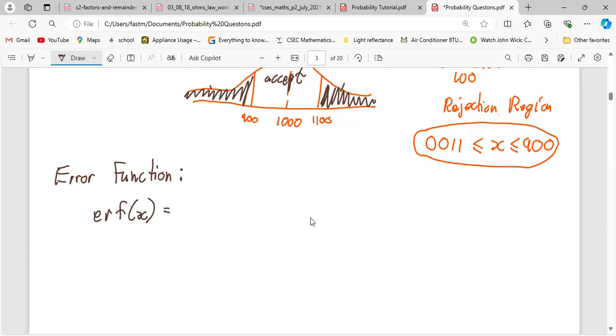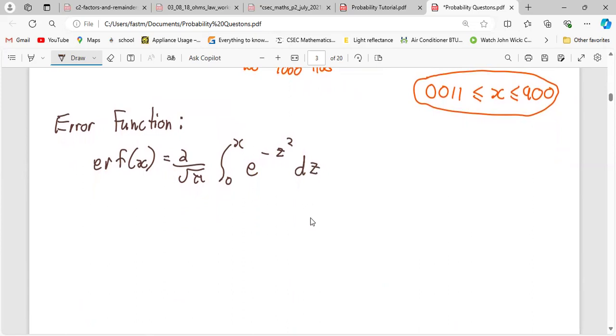The equation for it is 2 over the square root of pi times the integral from 0 to x of e to the minus z squared dz. What that means, let's memorize the bell curve first. Once you memorize how the bell curve looks, you'll know which one to use.